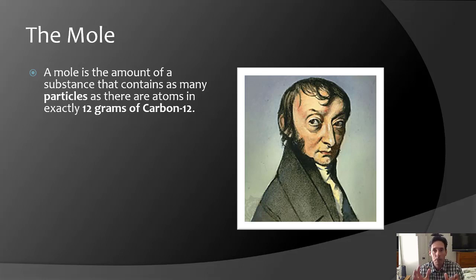A mole is, by definition, the amount of a substance that contains as many particles as there are atoms in exactly 12 grams of carbon-12. Now you're going to say, well, how many particles are we talking about? If we got 12 grams of carbon-12, what would that be?